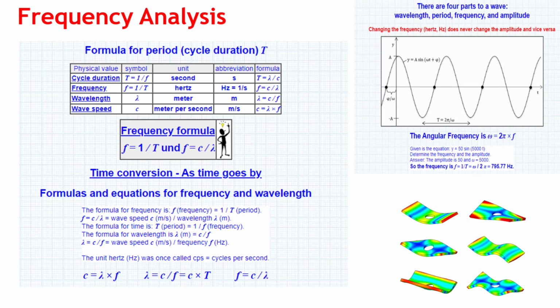The formulas are T is equal to lambda by c, and frequency is equal to c by lambda. If you link these things, finally we get the frequency which is equal to c by lambda, where c is the wave speed and lambda is the wavelength.